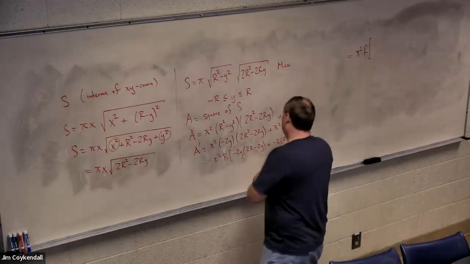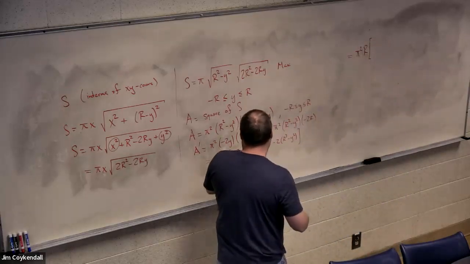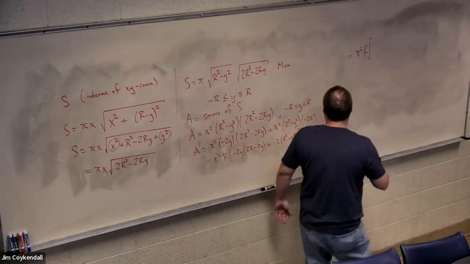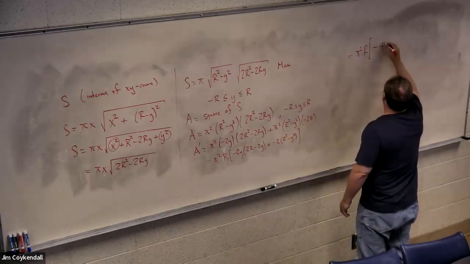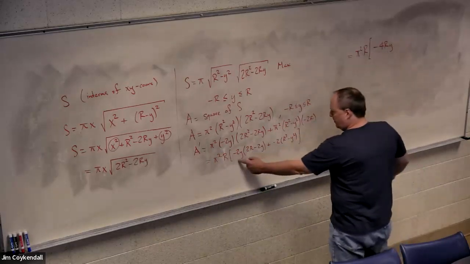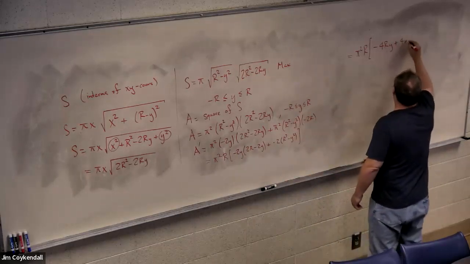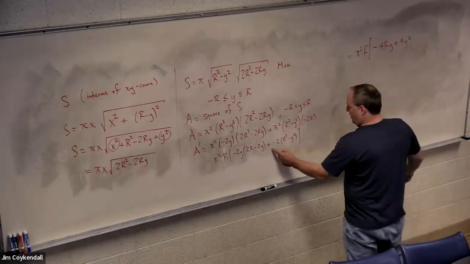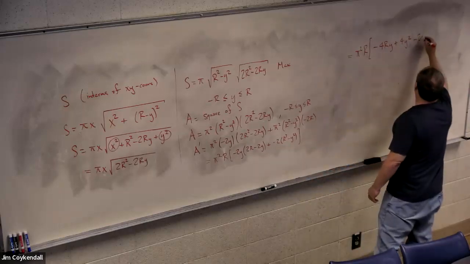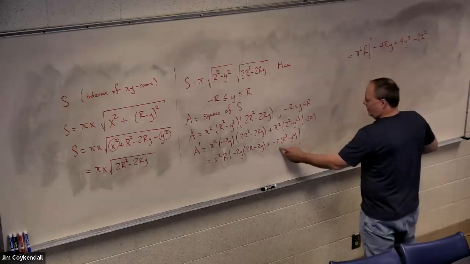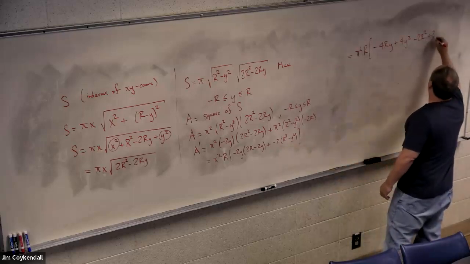Pi squared R, all right, let's see what this makes. This is minus 4RY. This is plus 4Y squared. Minus 2R squared. Plus 2Y squared.